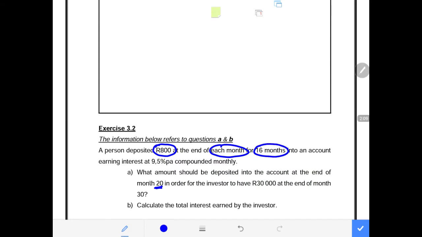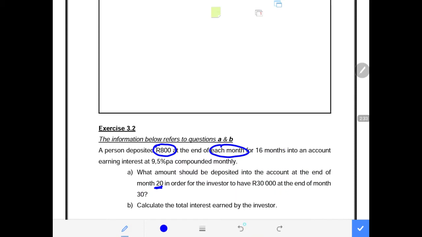Then we are asked to calculate what amount should be deposited into an account at the end of month 20, meaning there is money that must be deposited at the end of month 20 in order for the investor to have 30,000 at the end of month 30.